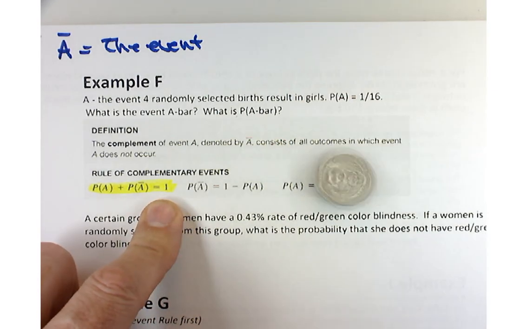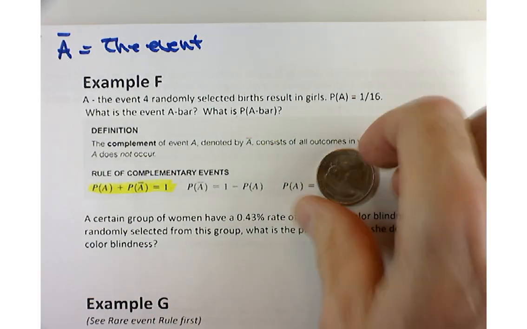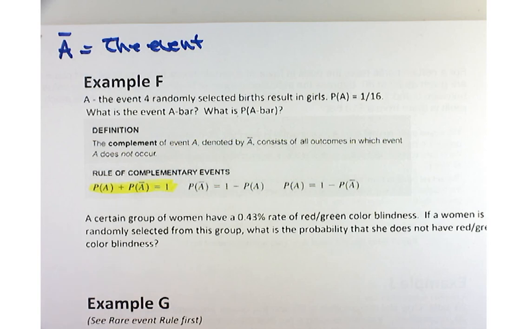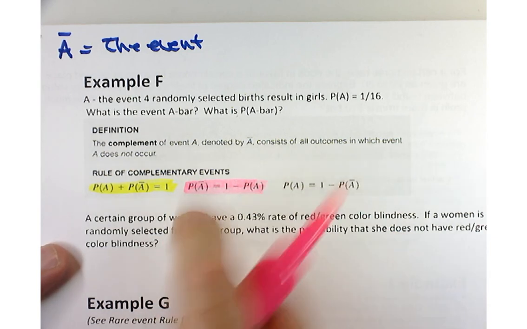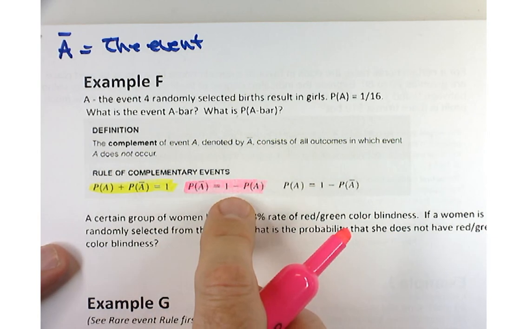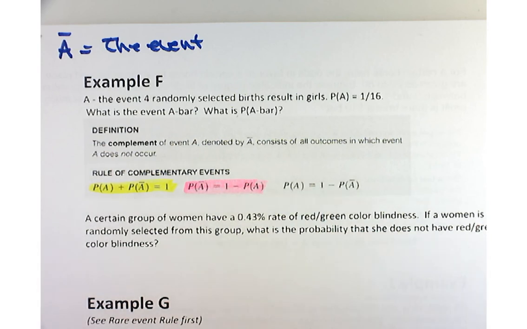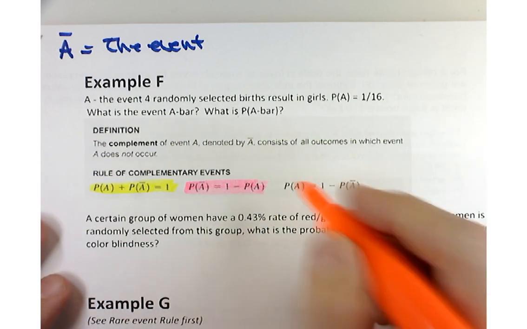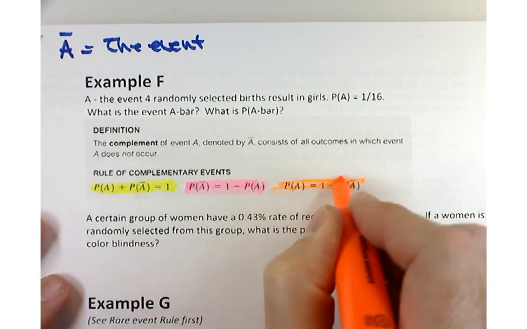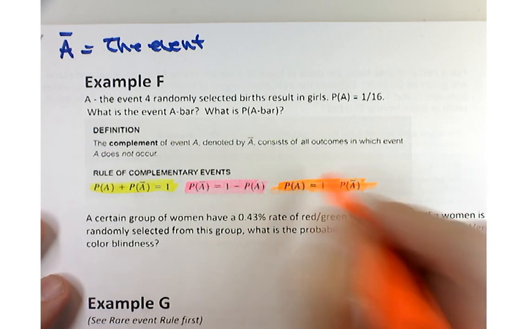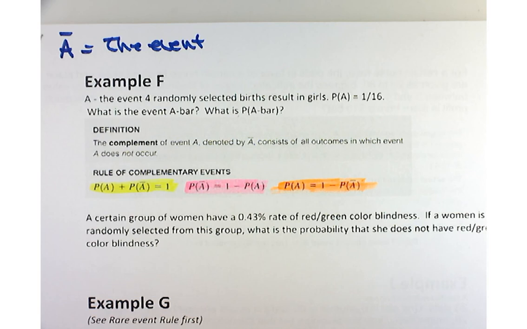One of those 2 things is going to happen. Once you have this in mind, you can rearrange things. You can get things indirectly. The probability of A bar is 1 minus the probability of A. And likewise, the probability of A is 1 minus the probability of A bar. So it's the complementation rule, and it's really, really helpful. We're going to use it a lot.